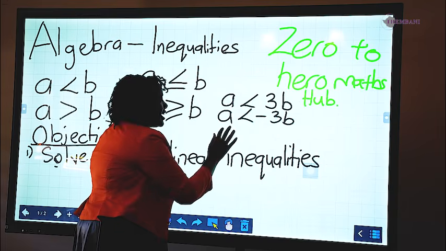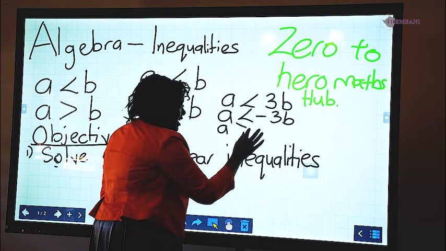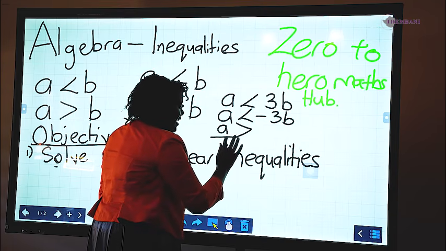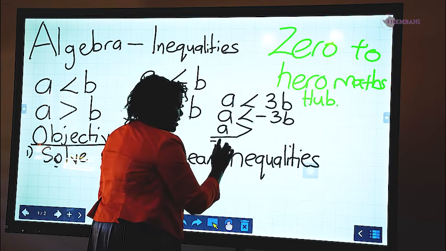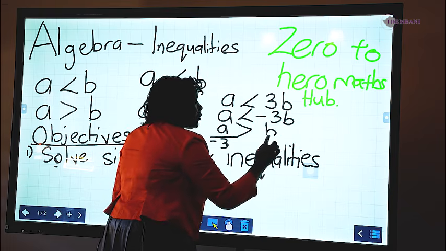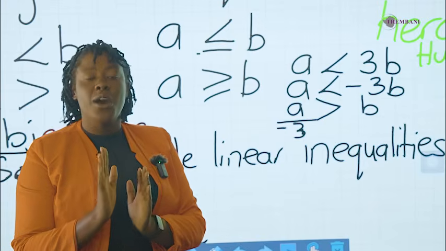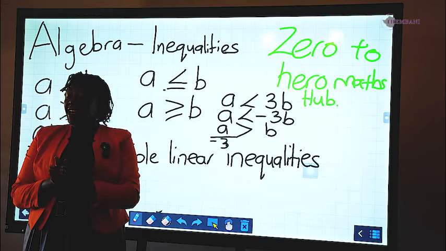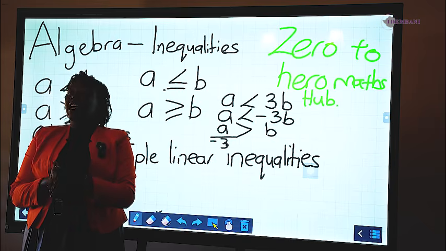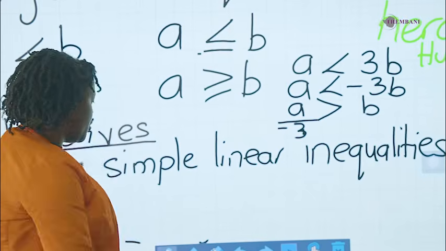So we get A is greater than B divided by negative 3. So our inequality sign changes direction whenever we divide or multiply using a negative number. You are going to see as we work on the examples that I have for you today.